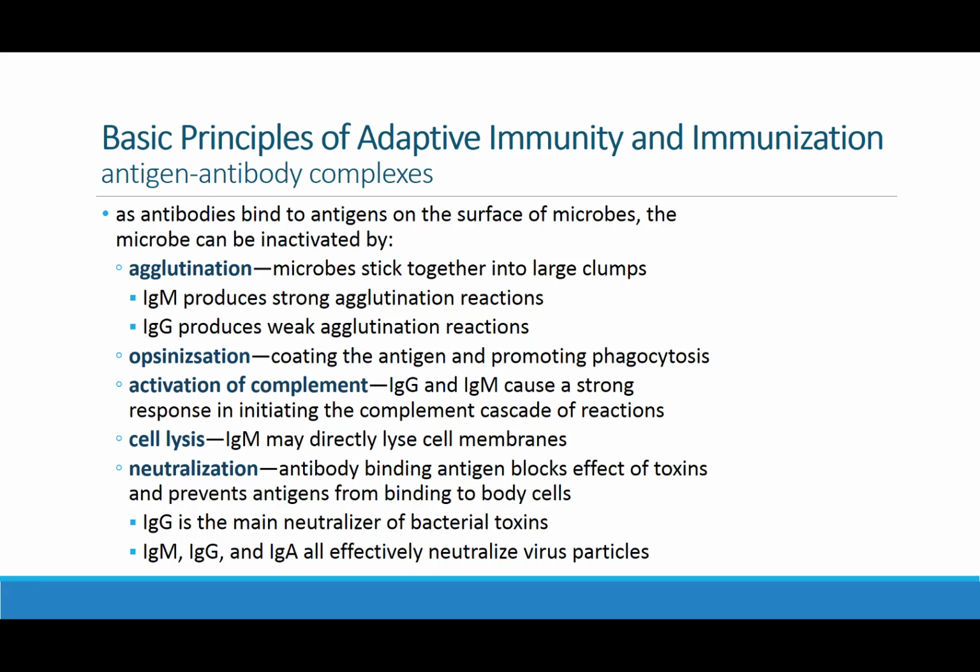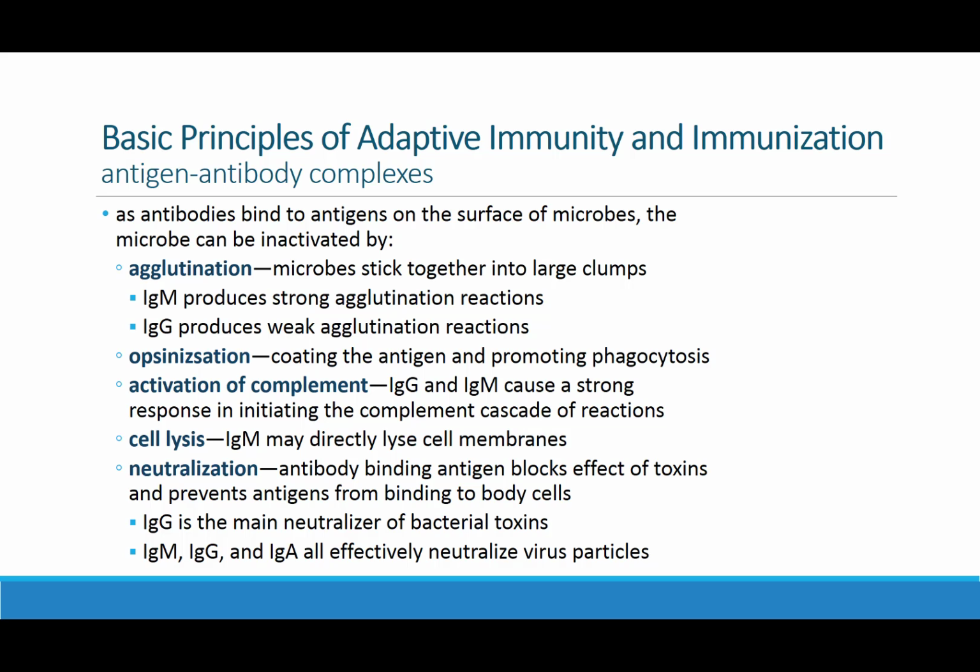Remember, IgM is found in body fluids as a pentamer, so there are 5 of them, and one IgM complex can bind up to 10 antigens. IgG produces weaker but still significant agglutination reactions. Opsonization is when the antigen is coated and then phagocytes are triggered to come and consume it.